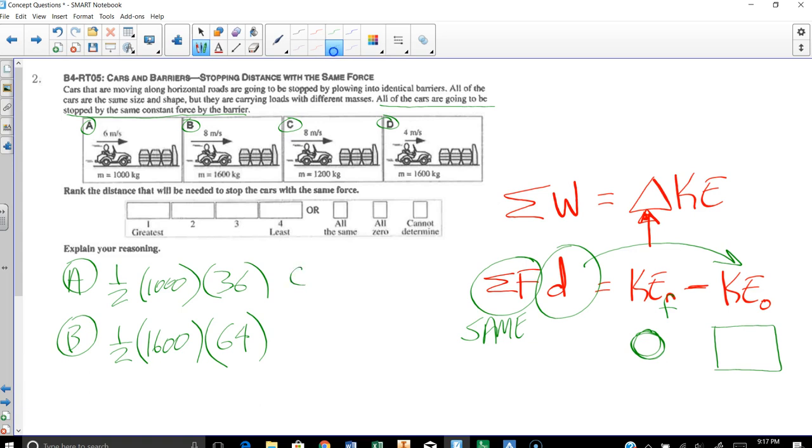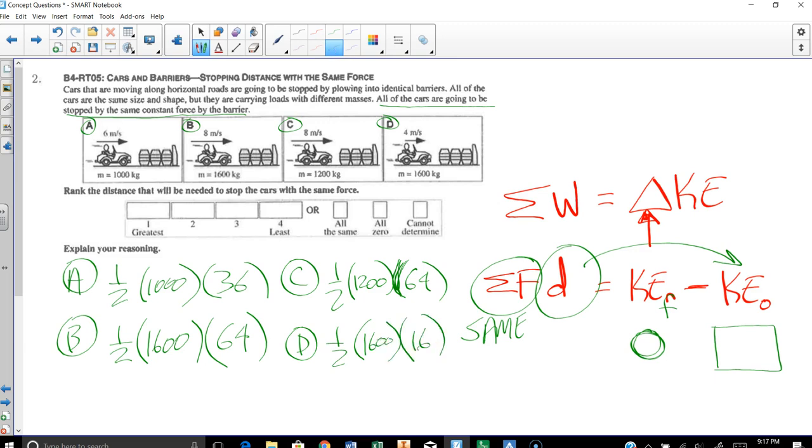For C, I have 1/2 of 1,200 times 64. And for D, I have 1/2 of 1,600 times 16.